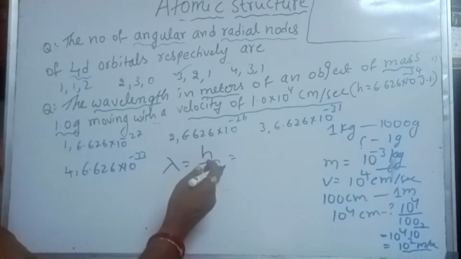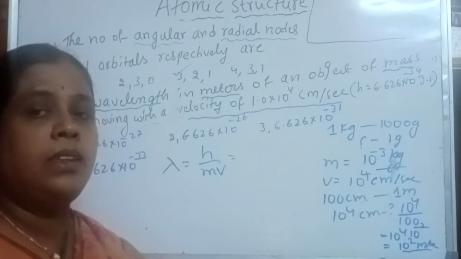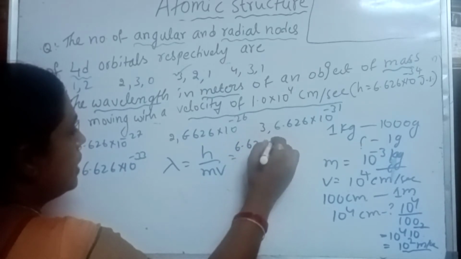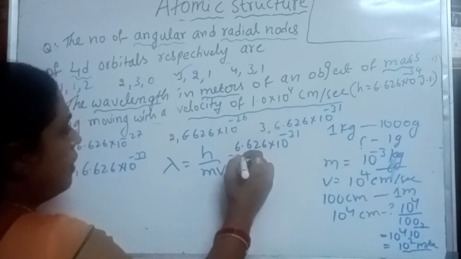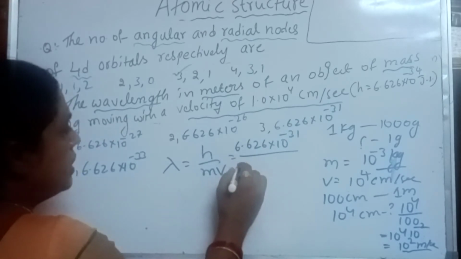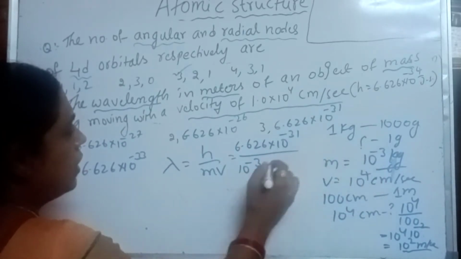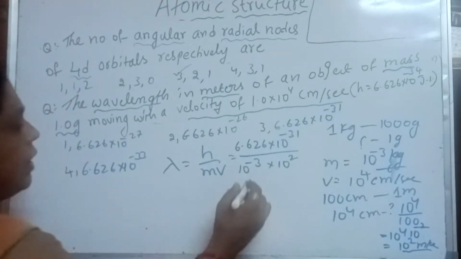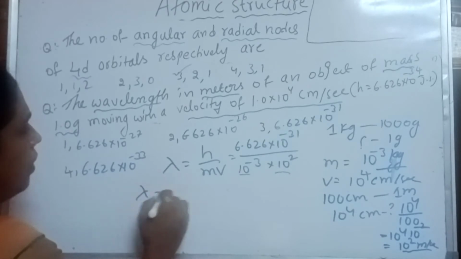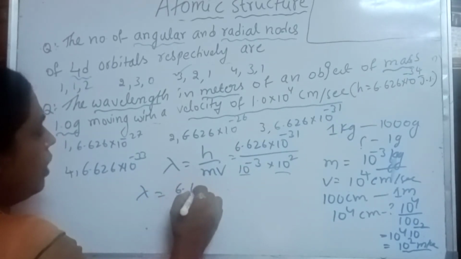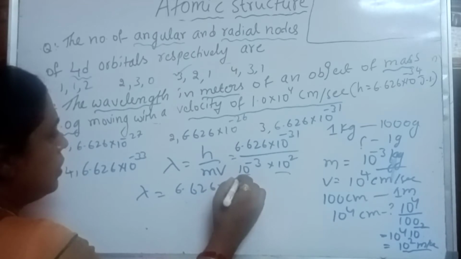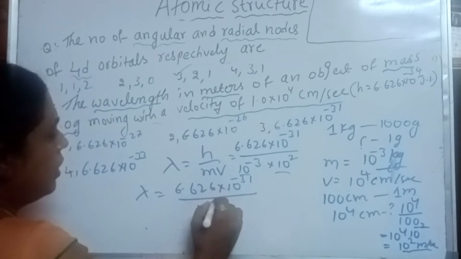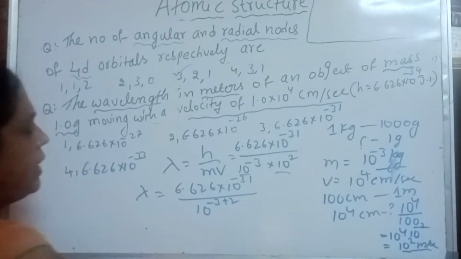Then directly substitute in the formula to get the wavelength in meters. The h value is 6.626 into 10 to the power of minus 34, divided by the mass 10 to the power of minus 3 kg into the velocity 10 square. The bases are the same, so we add the powers: minus 3 plus 2 is minus 1.